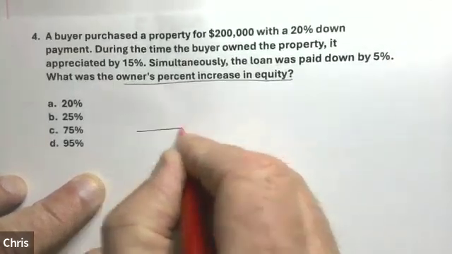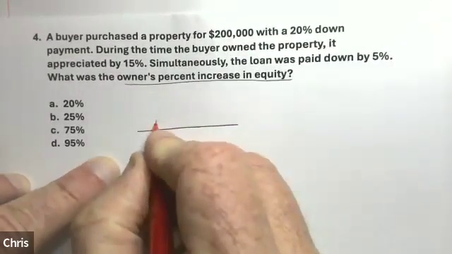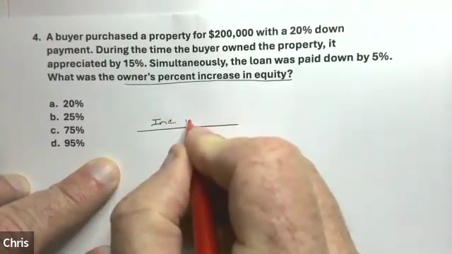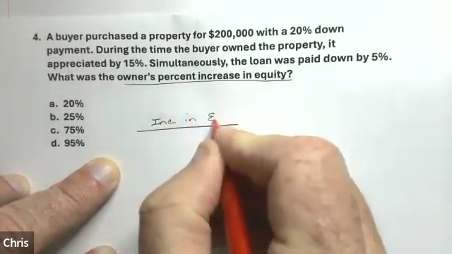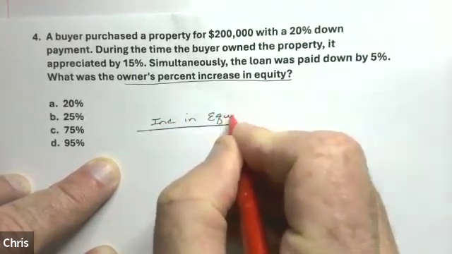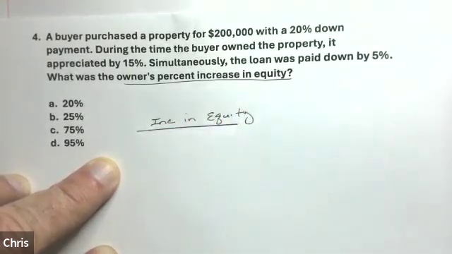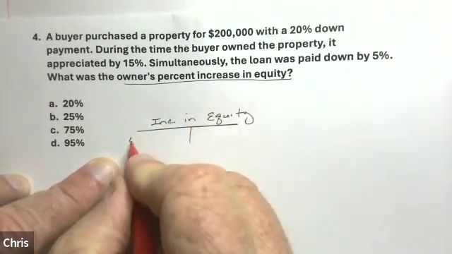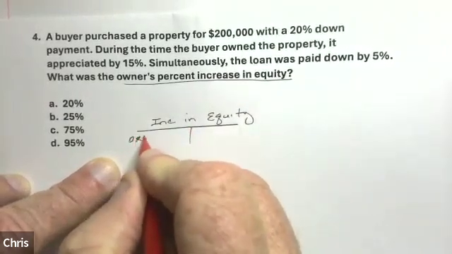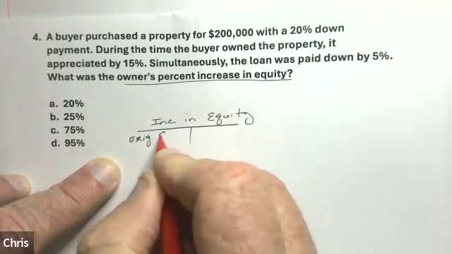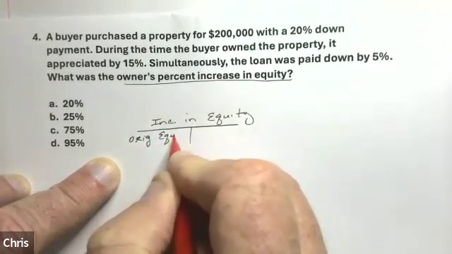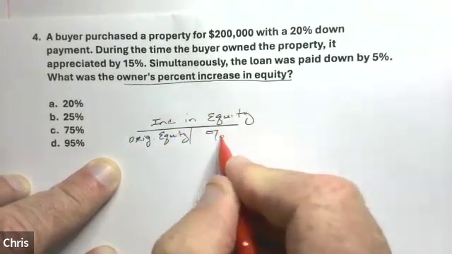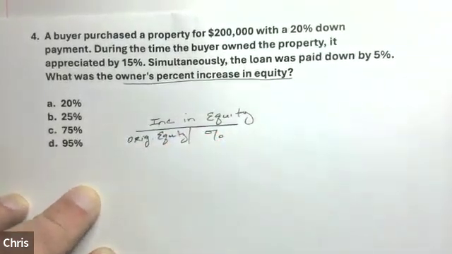This problem is going to be the increase in equity over your original equity, and of course we're looking for percent. What was the owner's percent increase in equity?